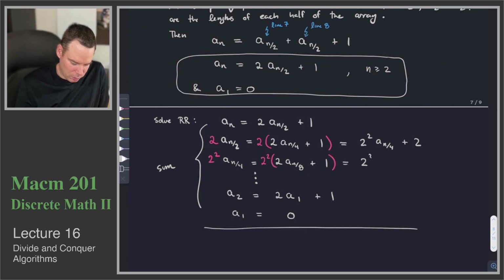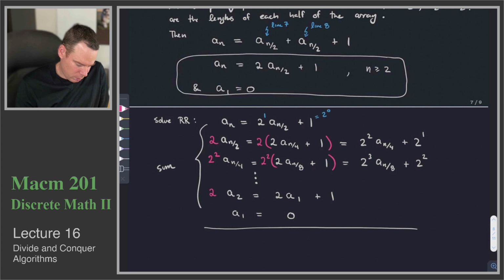And so we have 2 cubed a n over 8 plus 2 squared. And again, I can adjust my exponent in the line before. That's 2 to the 1. And I can look at this one up here as a 2 to the 1 and this one as a 2 to the 0, just to get the pattern going. And then we keep going.